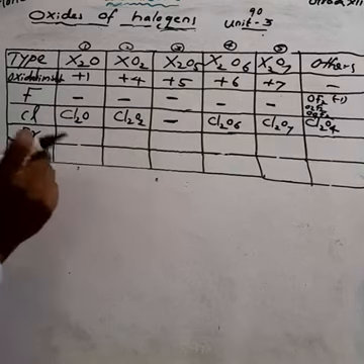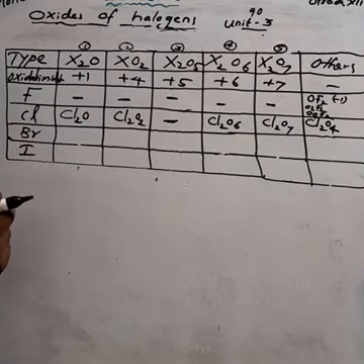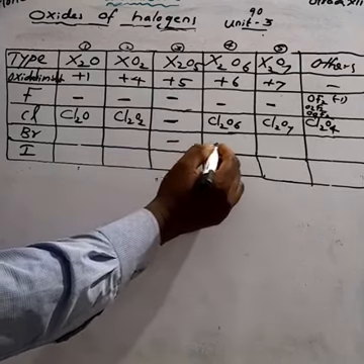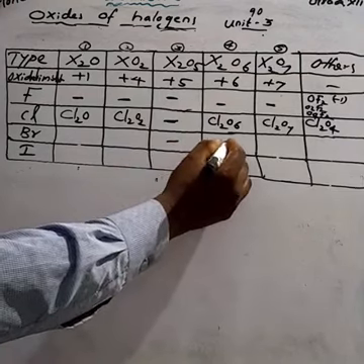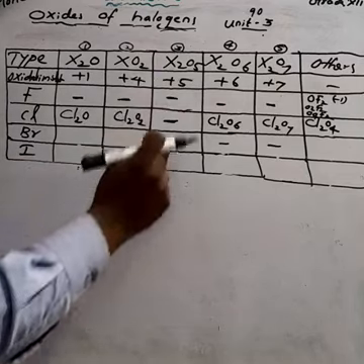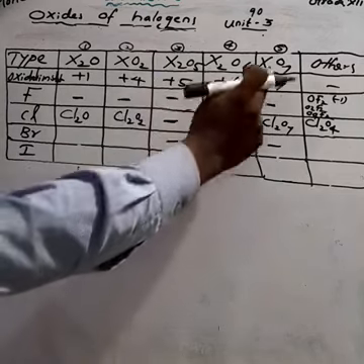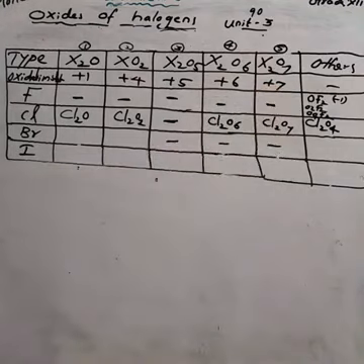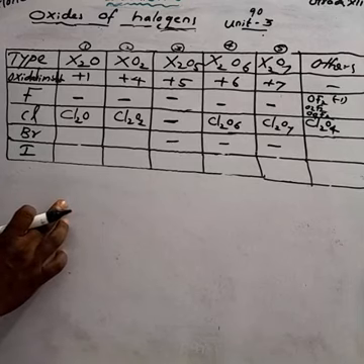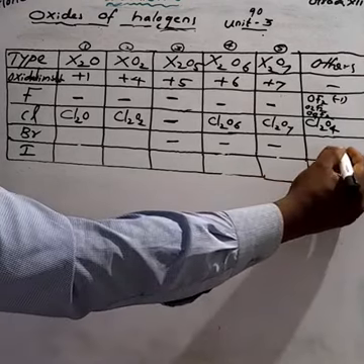But bromine cannot form the types X2O5, X2O6 and X2O7. Clear? Next, bromine cannot form the other types also.